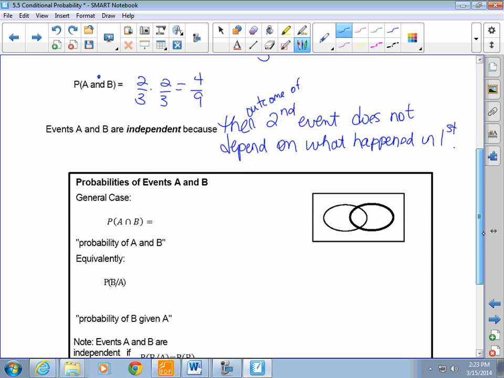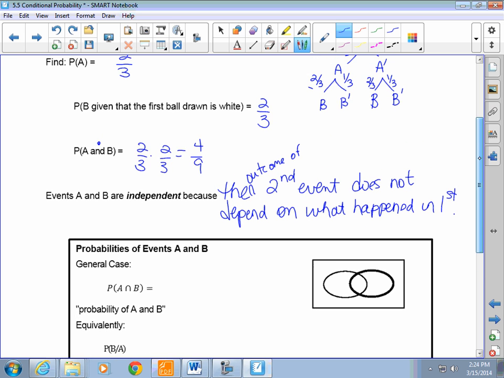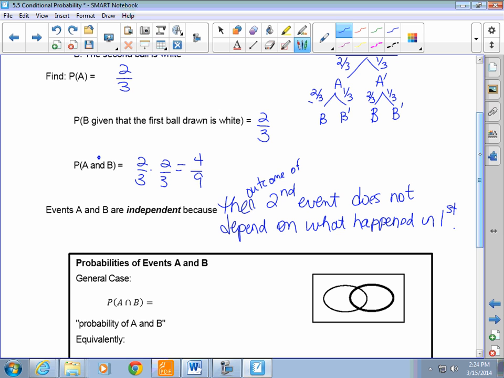Okay, so just kind of summarizing this together. Probability of events A and B. In general, the probability of A and B happening, if I look here, is the probability that A happened times the probability that B happened given A. And we write that as B/A.